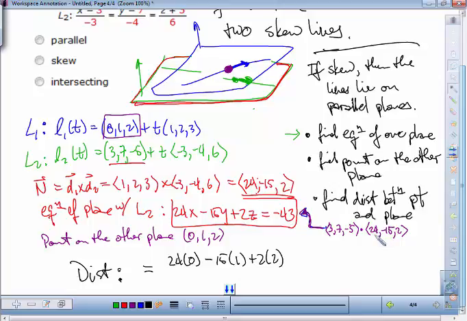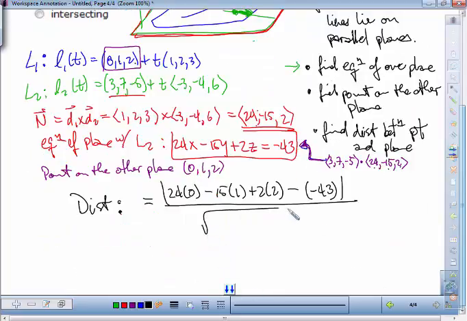So the 24 and 0, the negative 15 and the 1, and then the 2, and then the 2. So you're really dotting the normal vector with the point that you're looking for. And then minus d, we found d, or somebody found it, negative 43. And then you divide by the magnitude of the normal vector.